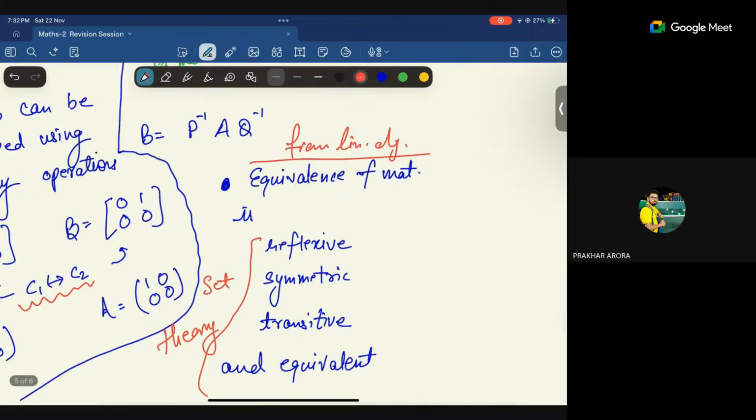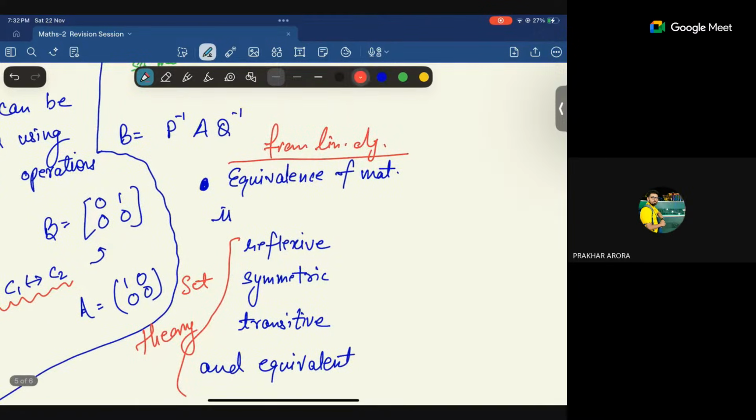What is reflexive? Reflexive means A is equivalent to itself.